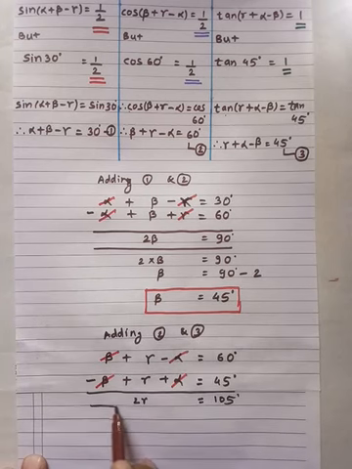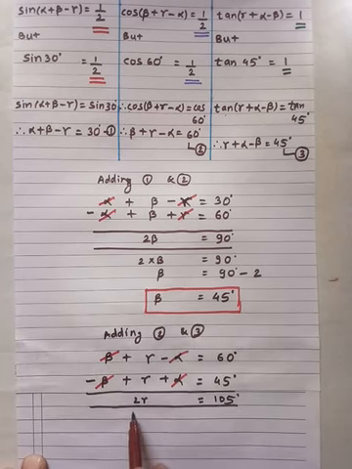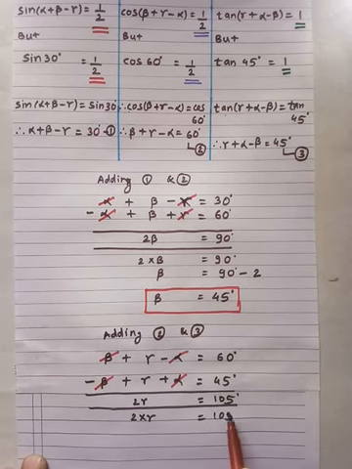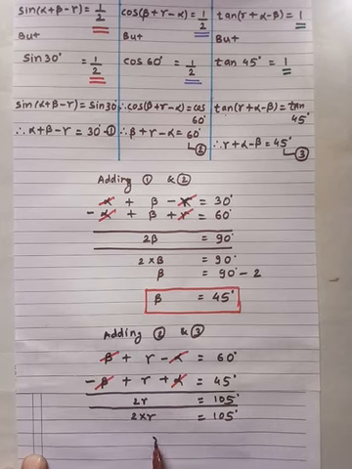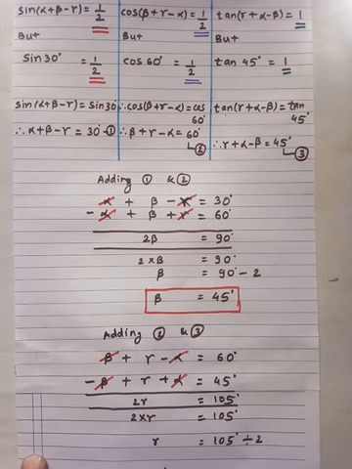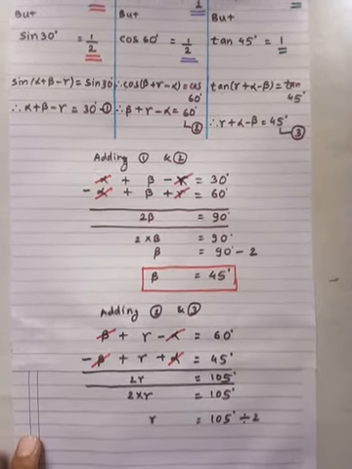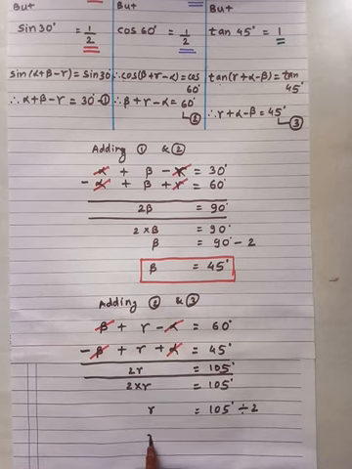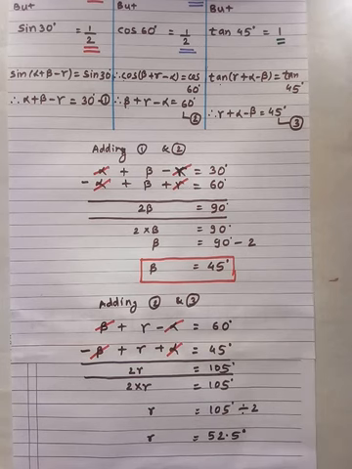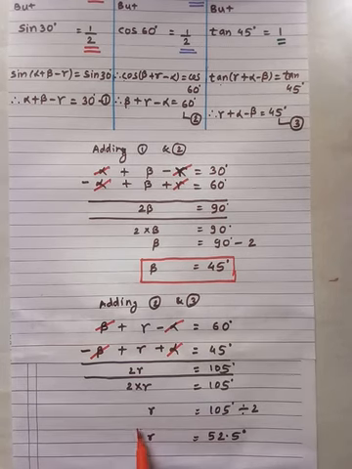You know 2 gamma means 2 into gamma, which equals 105 degrees. Multiplication 2 is transposed, so gamma equals 105 degrees divided by 2. Then gamma equals 52.5 degrees. This is the value of gamma.